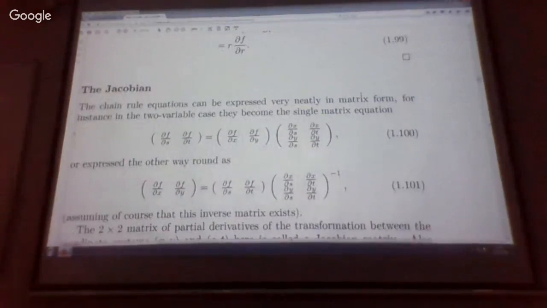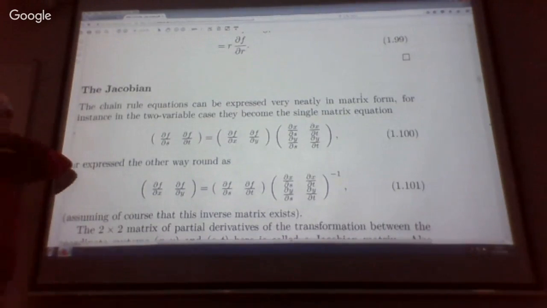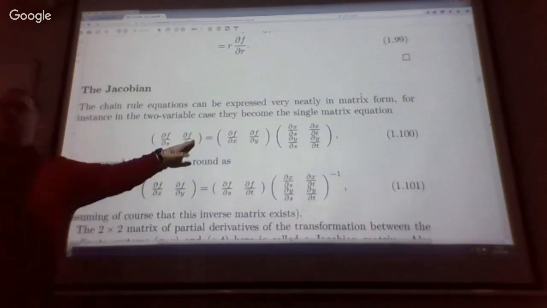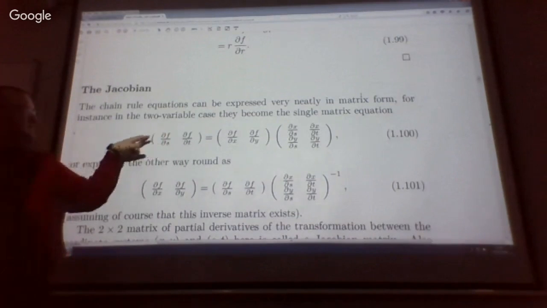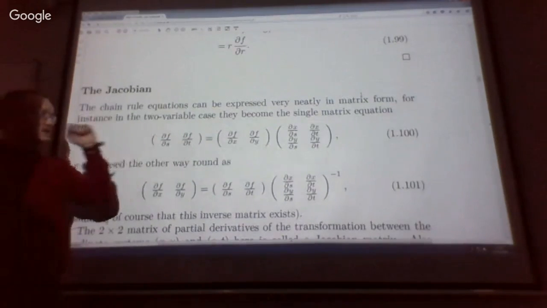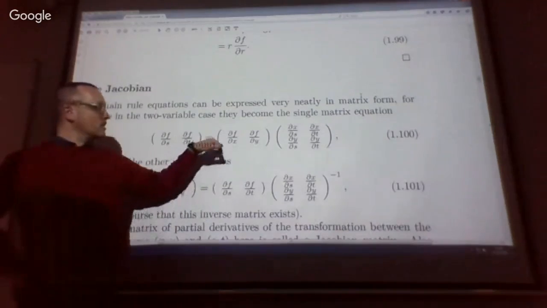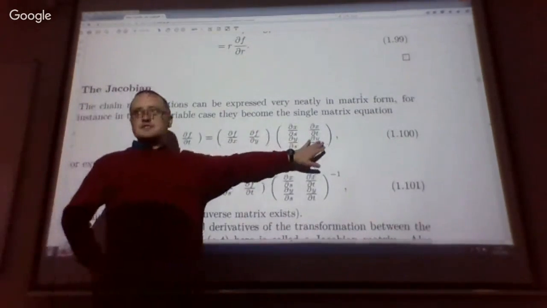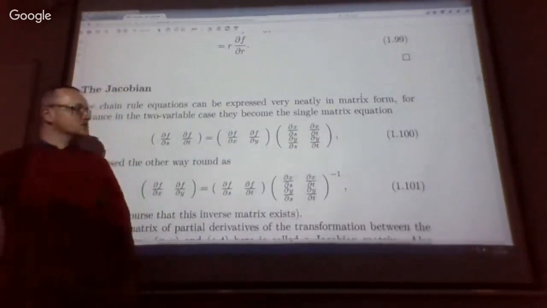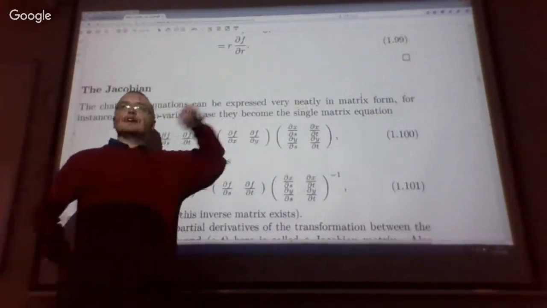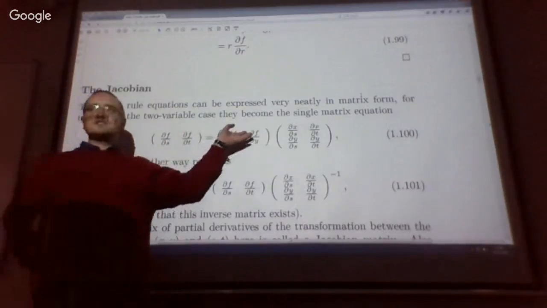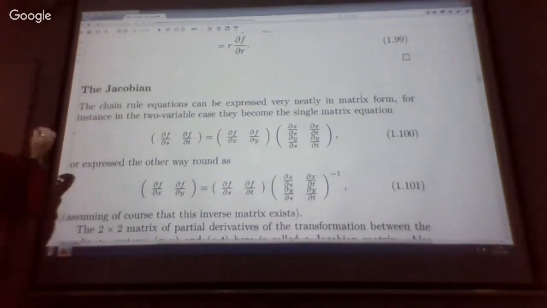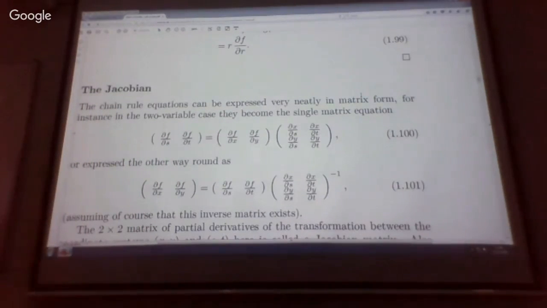So one way of expressing those chain rule equations we looked at in the two variable case is to say the row vector of new partial derivatives of f, df/ds, df/dt, is equal to the product of the row vector of the old partial derivatives multiplied by this matrix. So this matrix is, in a sense, a transformation matrix from the old coordinate system to the new coordinate system, which carries partial derivatives to partial derivatives.